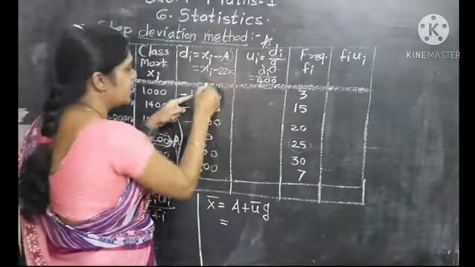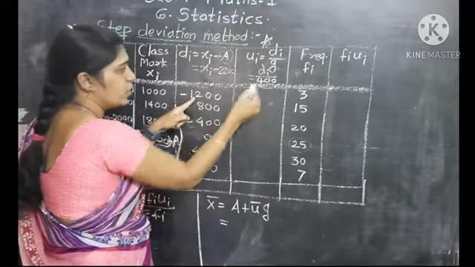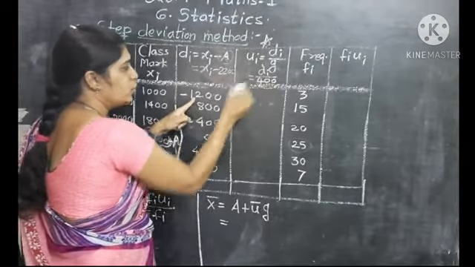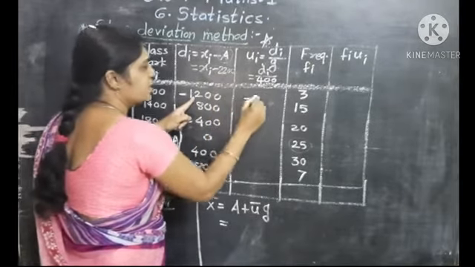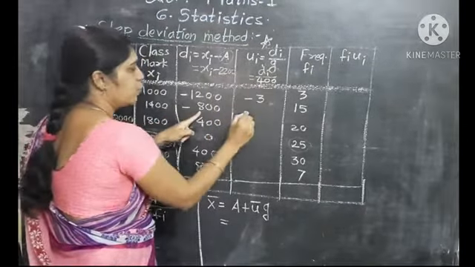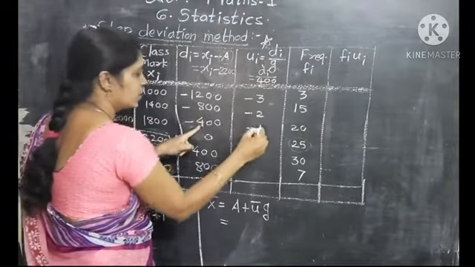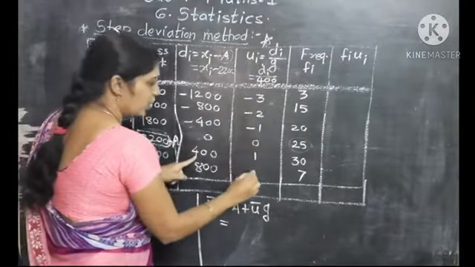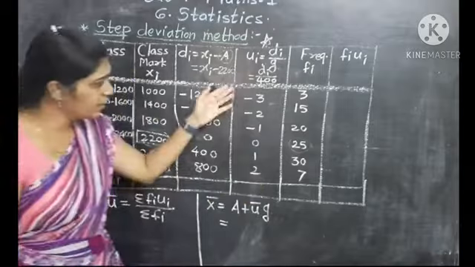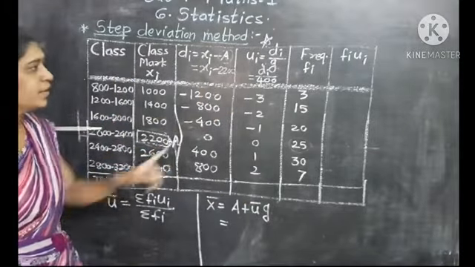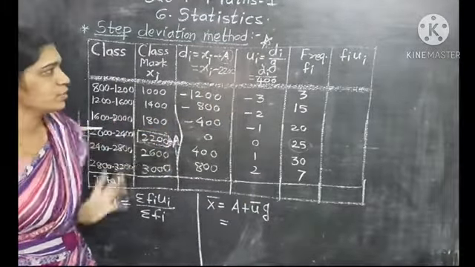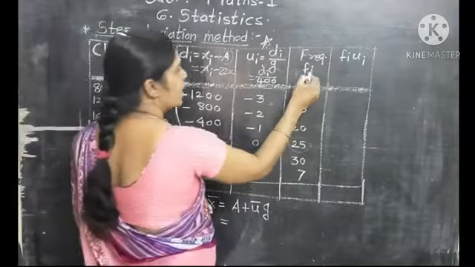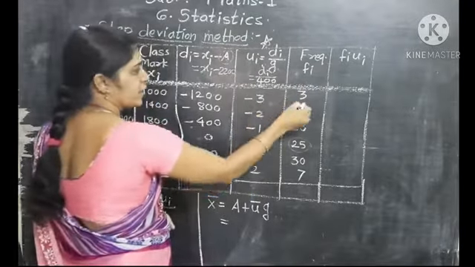So di means this, minus 1200 divided by 400. 2 zeros get cancelled. 4 3s are minus 3. Here 4 2, 4 1, then 0, 1 and 2. Okay, understand this step? Di divided by 400, and the last column is fi into ui.